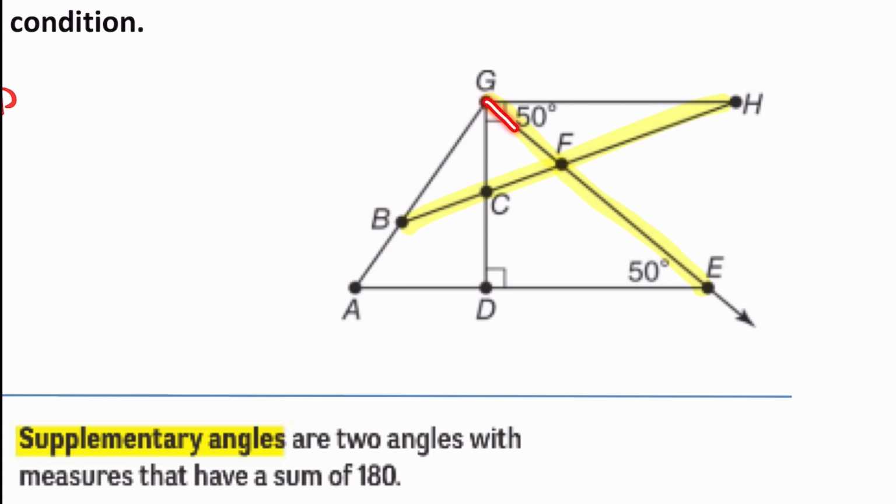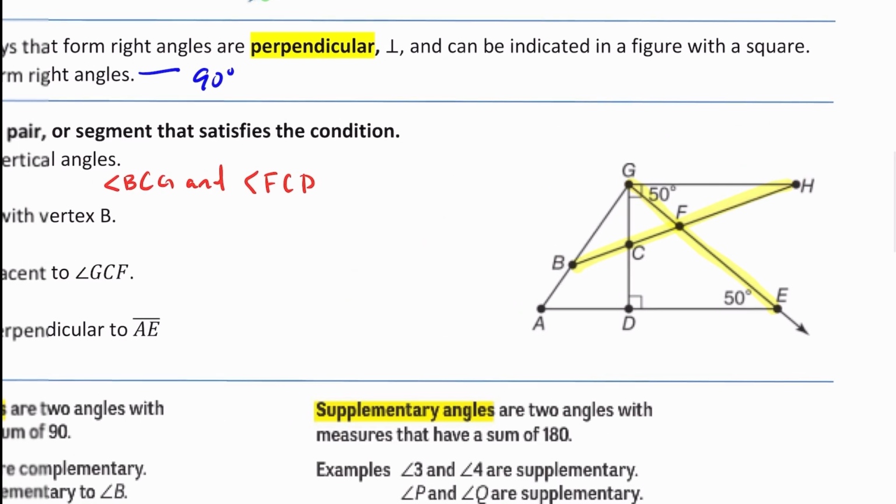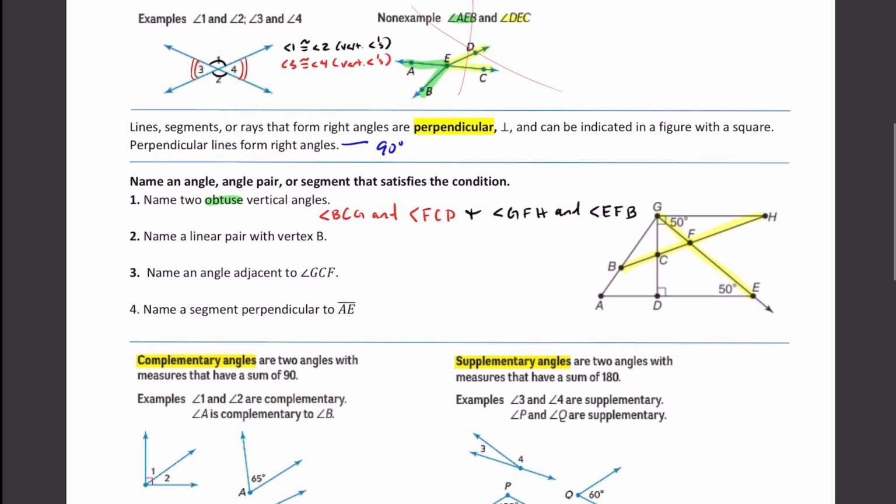So we have angle GFH and angle EFB. And there you go. I got 2 examples for you for number 1.